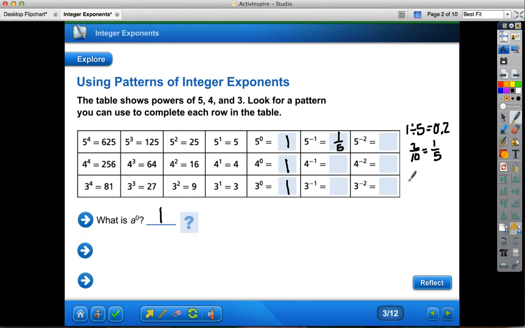Let's try it with 4. 1 divided by 4 will give me 0.25. As a fraction, that gives me 25 over 100, and simplified, that gives me 1 over 4.